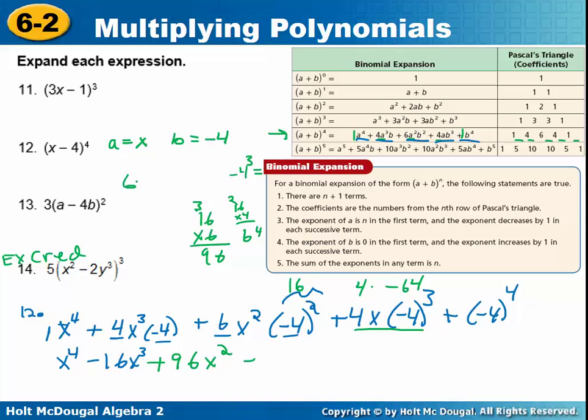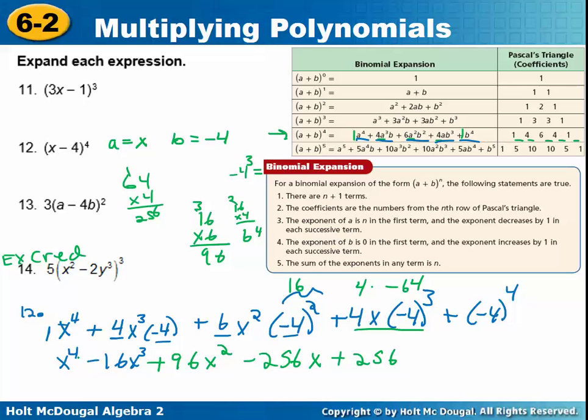So we have 64 times 4, 24, 25, 256. So minus 256x. Don't forget your x there. And then finally, I have negative 4 to the 4th. That's also 256. And it's positive this time because a negative number raised to an even exponent is positive. So I have x to the 4th minus 16x cubed plus 96x squared minus 256x plus 256.